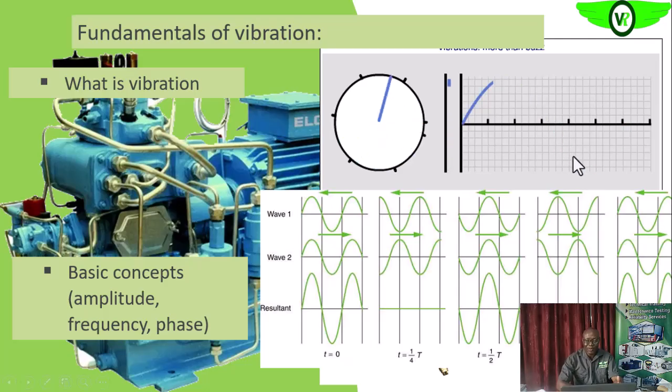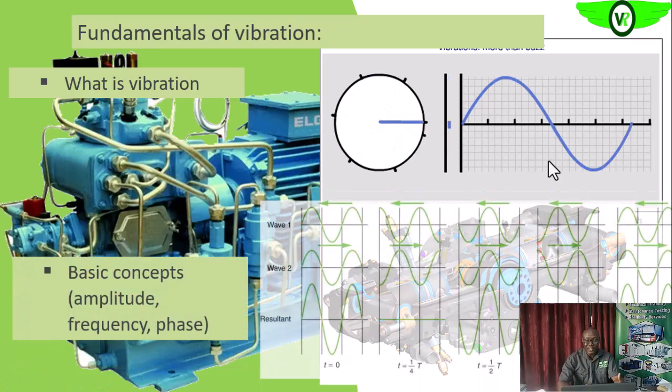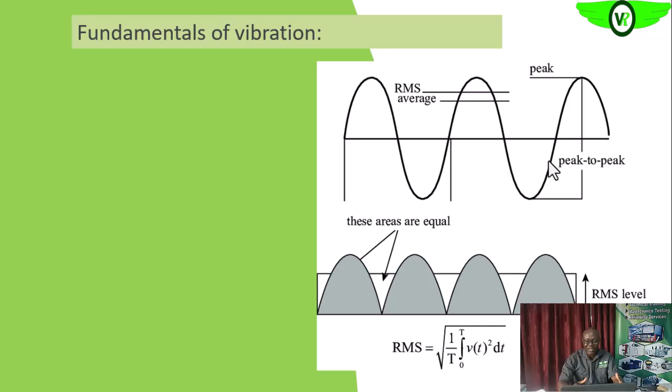The waveform may not be as sinusoidal as this. So what do we need to do when the amplitude varies with time? We can average them and take the average of that amplitude. The best average that we can take is the root mean square value.